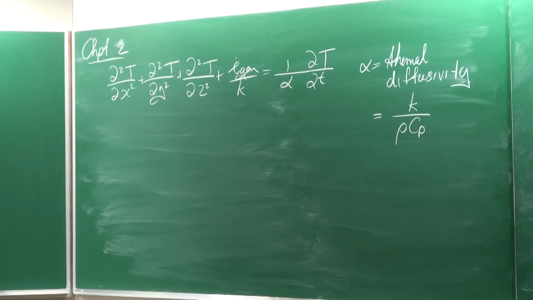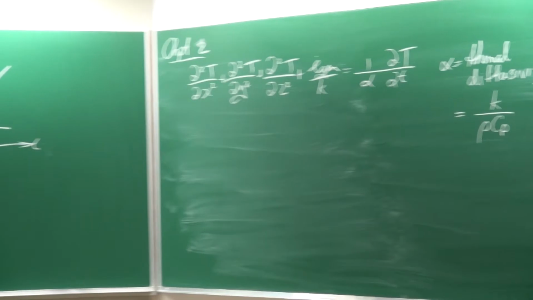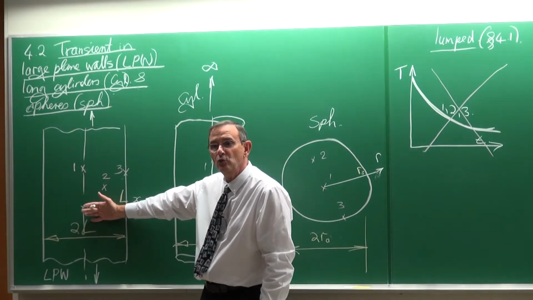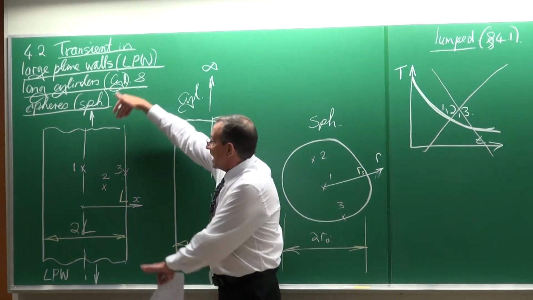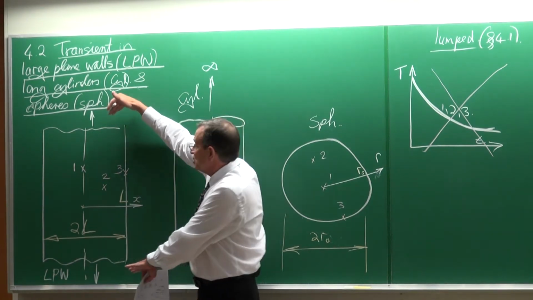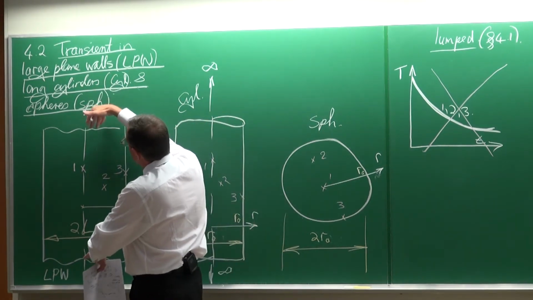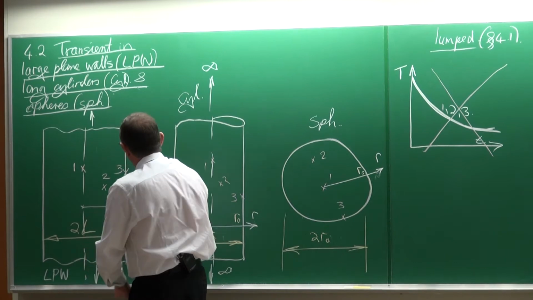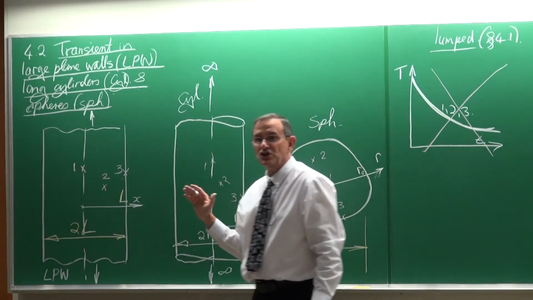If we look at these types of problems, which are the simplest types available, then we will see that the heat transfer rate is in 1 dimension only. As we said, there are no temperatures or heat transfer coming from the top and the bottom. Everything is in 1 dimension only.